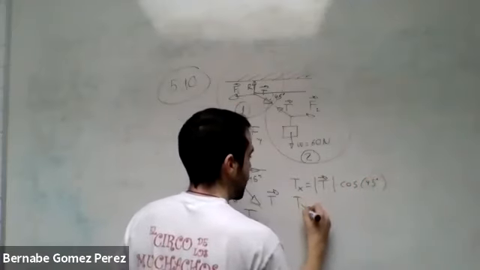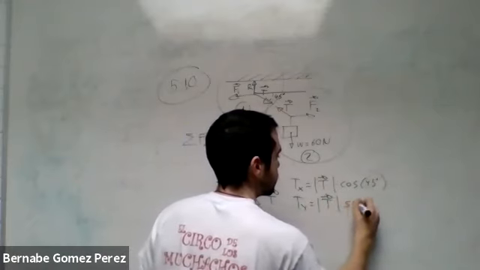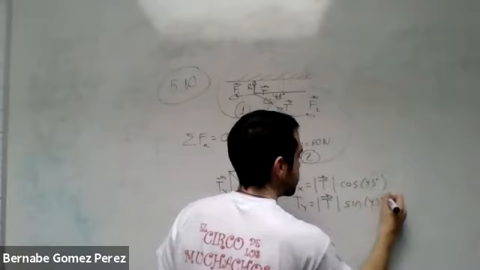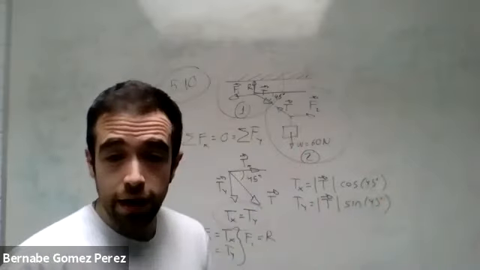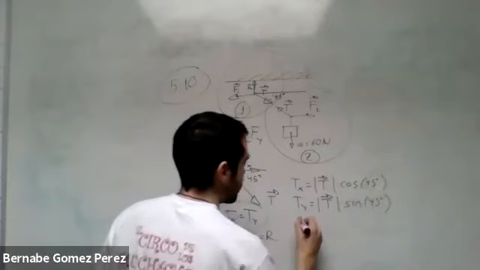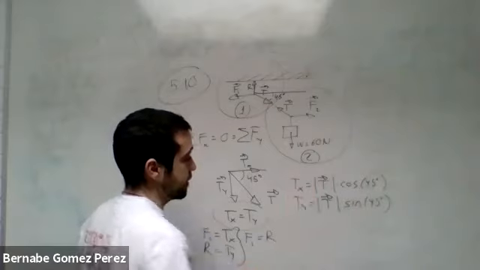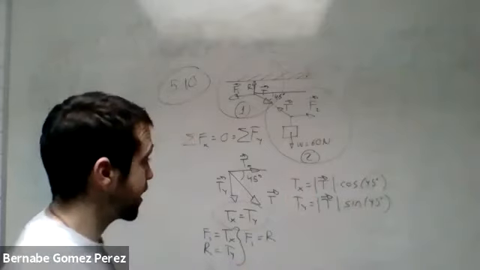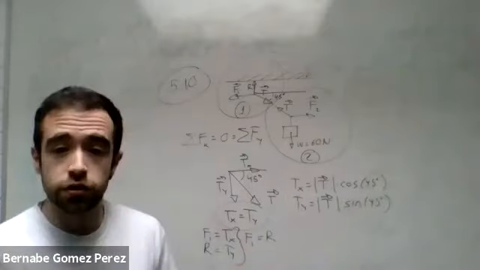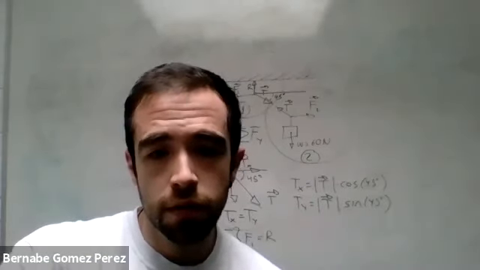And I know that Ty is equal to the absolute value of T multiplying the sine of 45 degrees. If the cosine is equal to the sine, it means that Tx is equal to Ty, okay? And you can calculate them by these trigonometric relations, really important, okay?